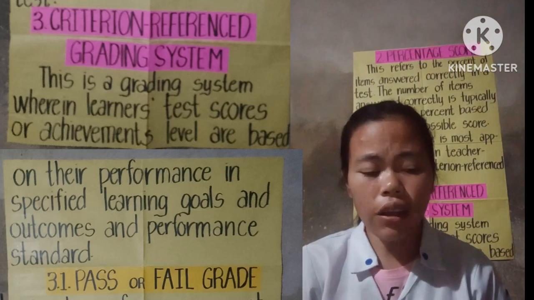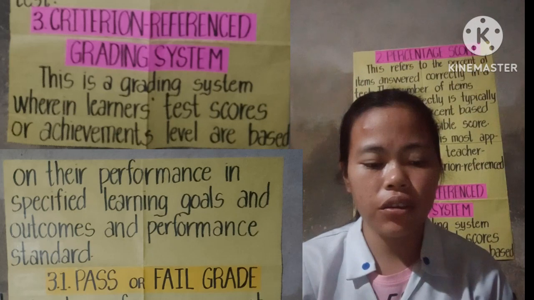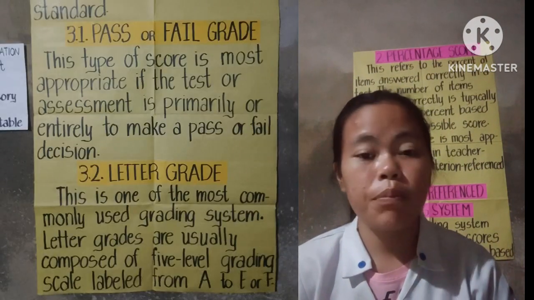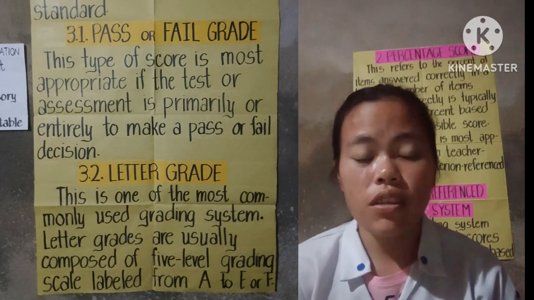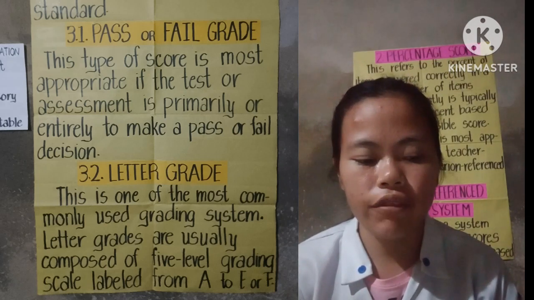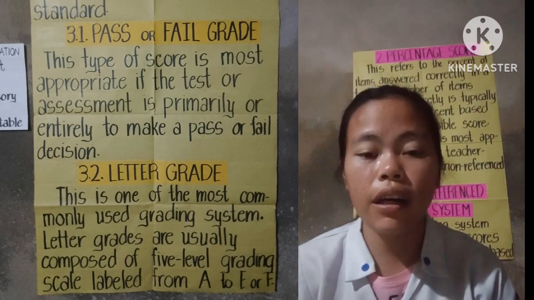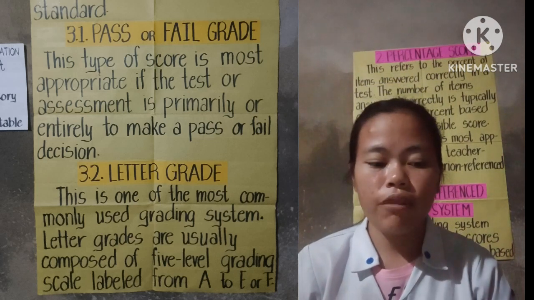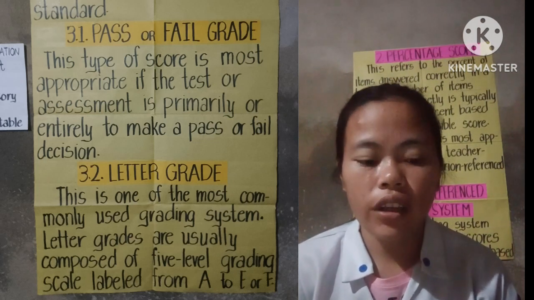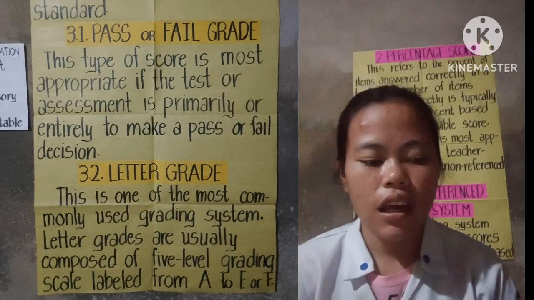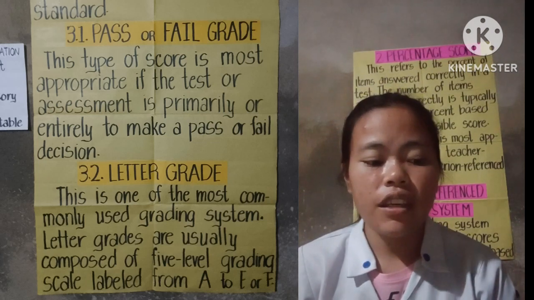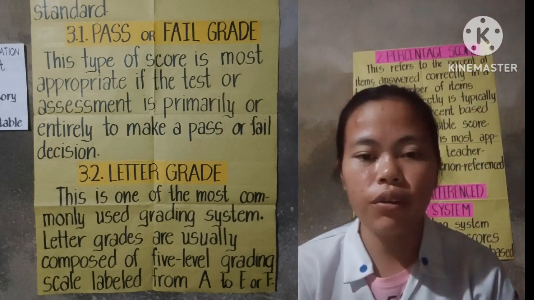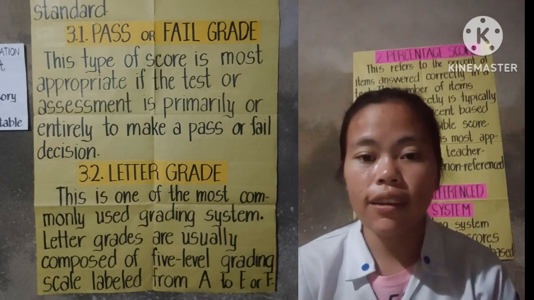So, the following are some types of criterion reference scores or grades. Number 1 is pass or fail grade. This type of score is most appropriate if the test or assessment is primarily or entirely to make a pass or fail decision. In this type of score, a standard or cut-off score is preset, and a learner is given a score of pass if he or she surpassed the expected level of performance or the cut-off score.